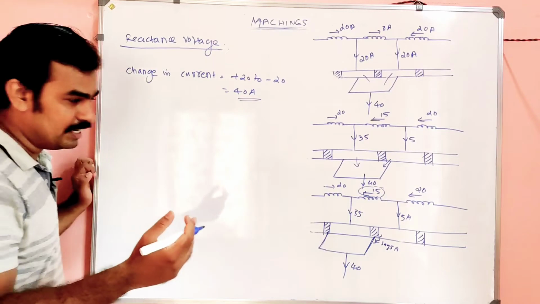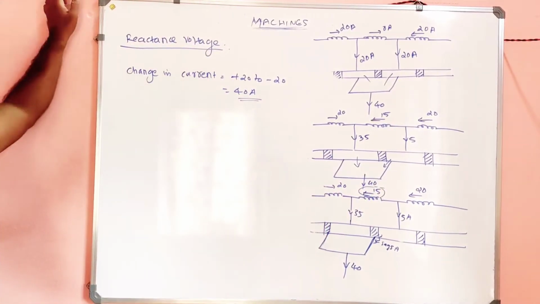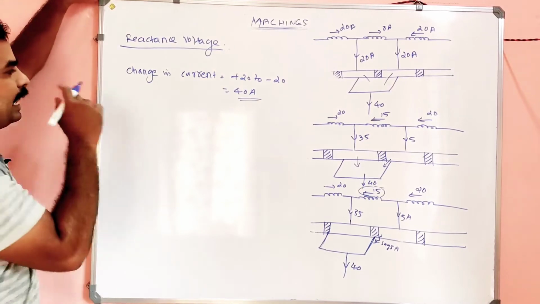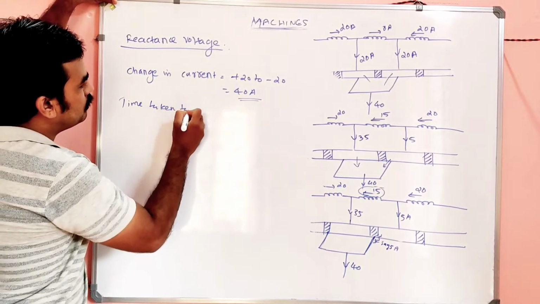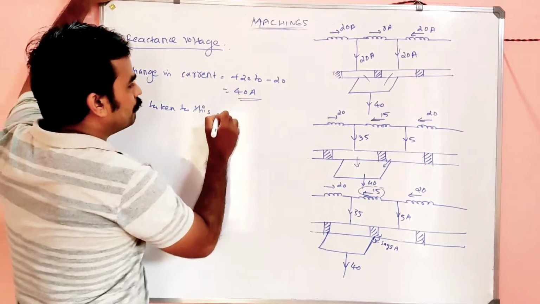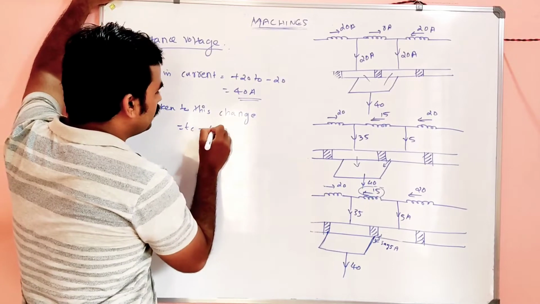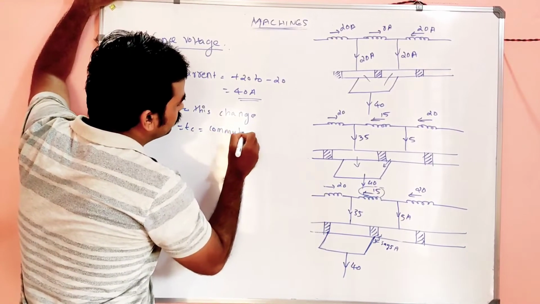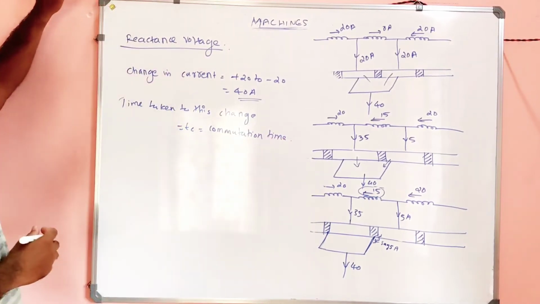For ideal commutation it will be 20, okay? So 20 to minus 20 will be 40 ampere. Suppose the time taken for this change is called Tc, the commutation time.